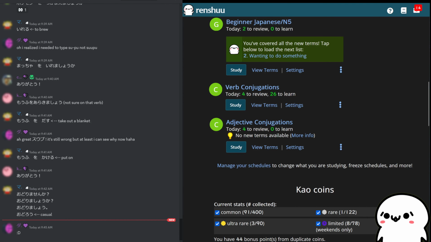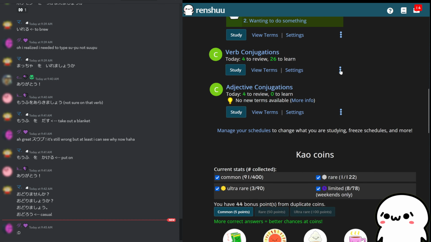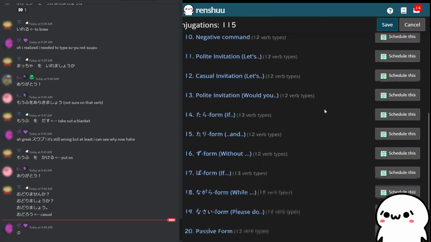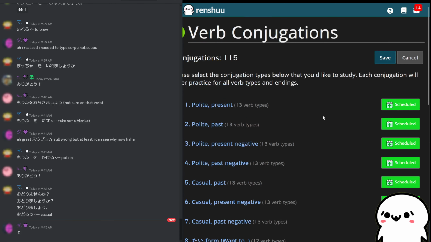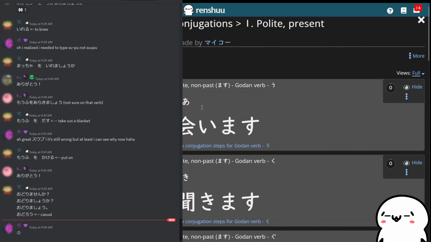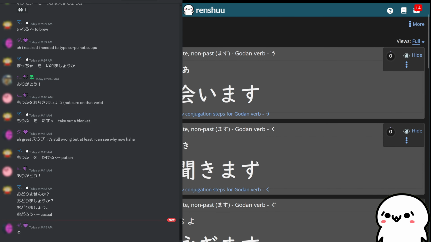And then once you have it, it'll prompt you to choose. It's got a whole bunch of conjugations, and you can just choose the ones you want to focus on. And the cool thing about this is that for each one, let's say we're dealing with the mas form, it actually separates out each one.